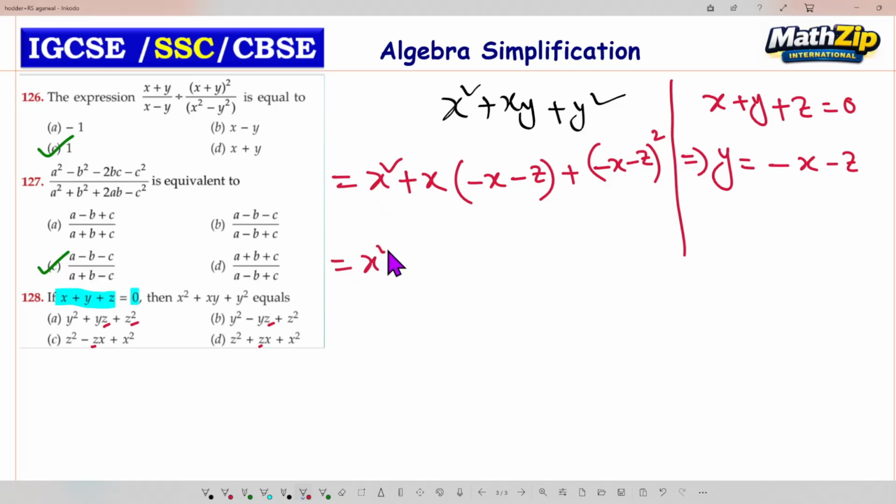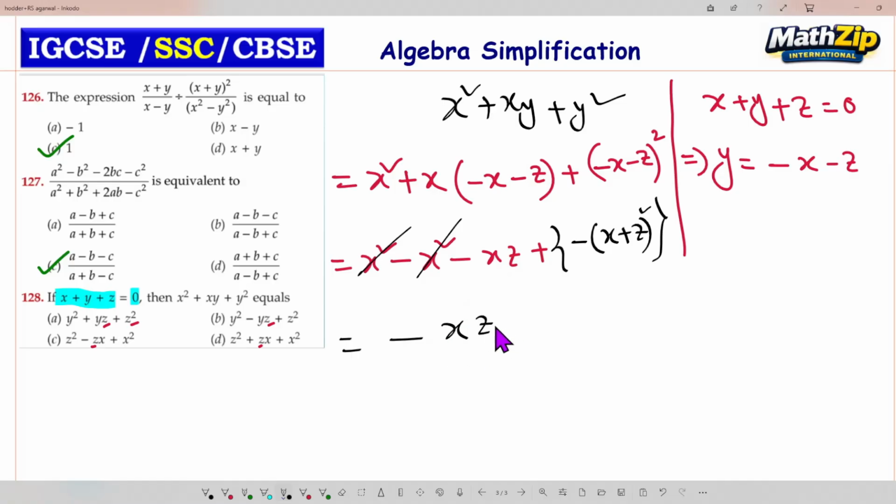Next, x and x square, here will be minus x square minus xz, plus, we can take common minus, so it will be x plus z whole square. Now just think, this x square and minus x square will cancel, so here is minus xz plus x square plus 2xz plus z square.